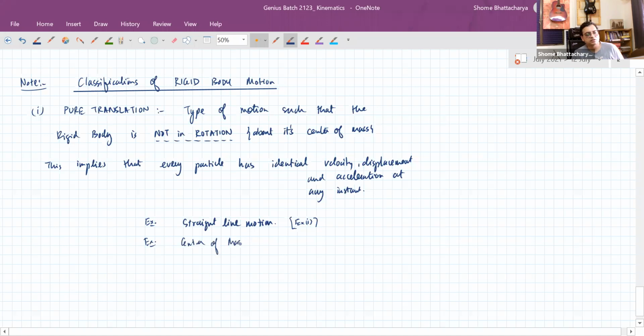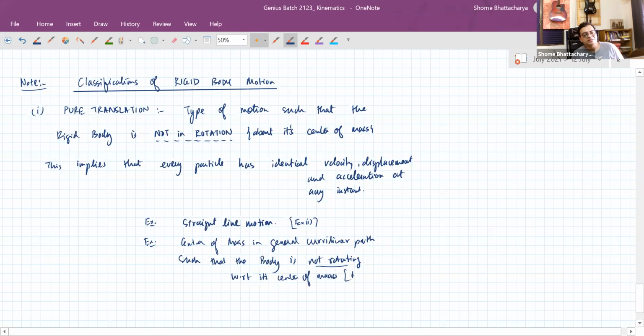Center of mass in a general curvilinear path, such that the body is not rotating with respect to its center of mass.